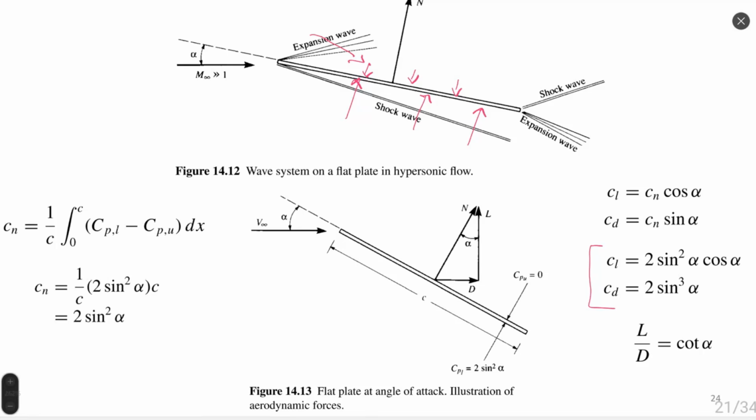Of course, there would be a difference between the result in equation 12 and equation 13. There would be a difference because the theory of shock wave plus the theory of expansion wave is a result of analysis of flow equations. It's a solution of flow equations.